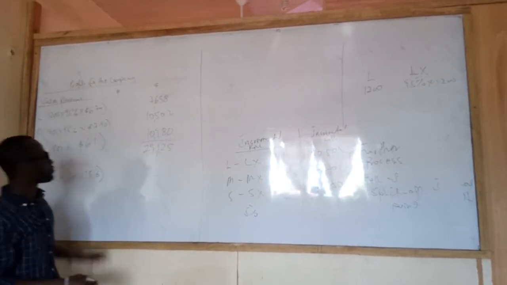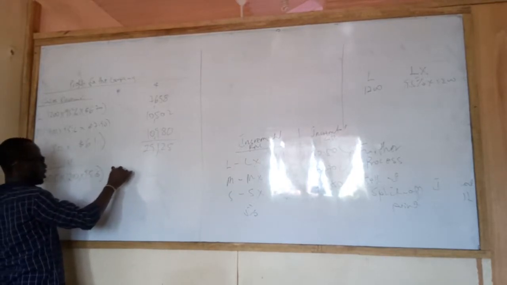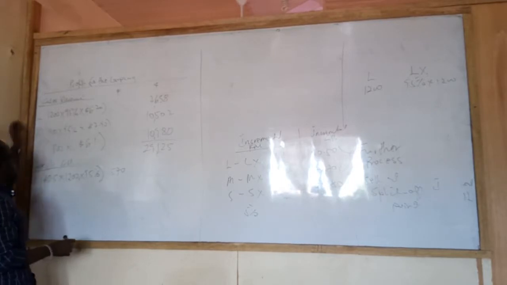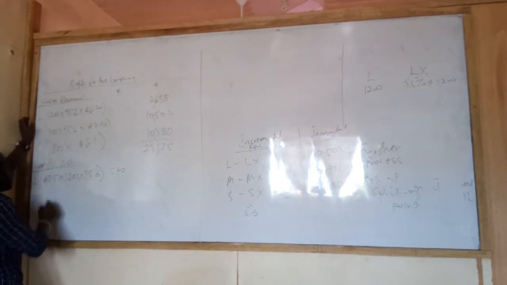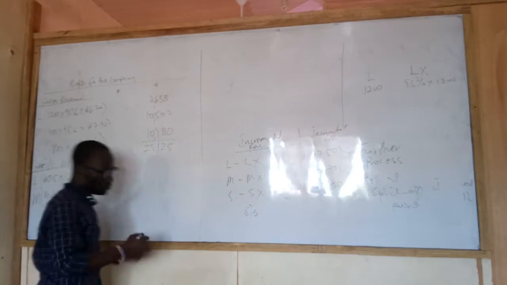Are you getting the picture? So what do I have? 570. Then M. What is the specific cost for M? So 0.7 times 1,400 times 95%. What do we have?